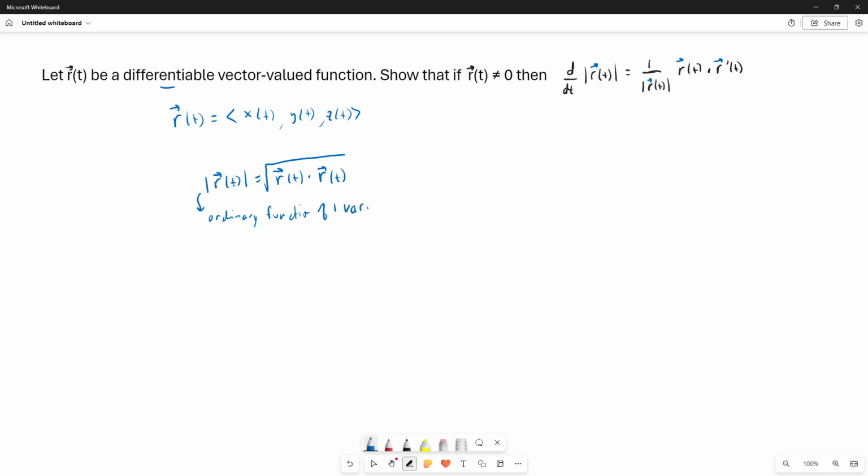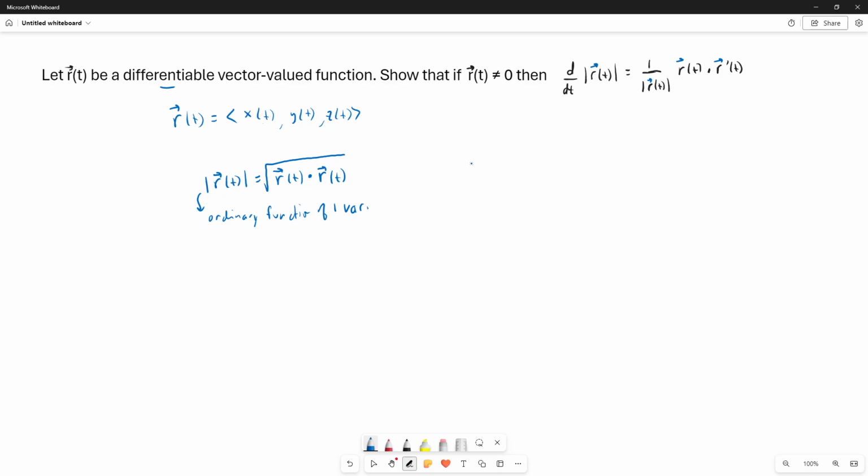The variable, of course, is t, and the magnitude is not a vector, it's a scalar. So the input is a scalar, a real number, the output is a real number. That's an ordinary function. So on the right side here, the dot product is a scalar, square root of a scalar. A non-zero scalar will be a non-zero scalar. So this is an ordinary, real valued function.